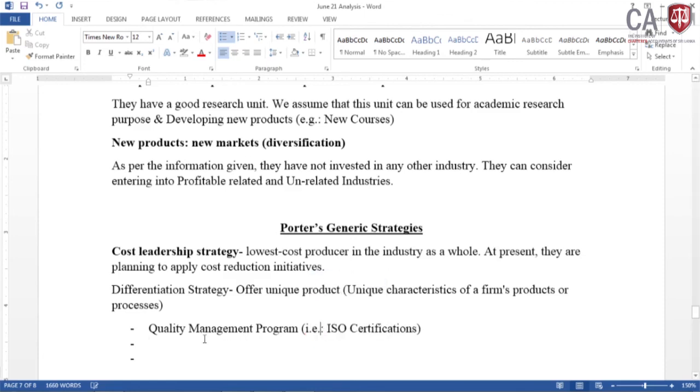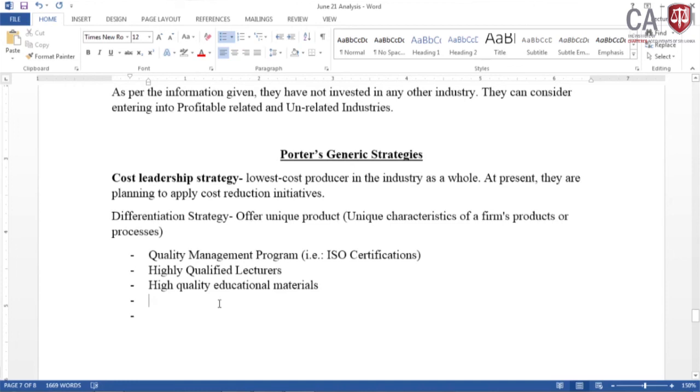Then they can provide highly qualified lecturers, then high quality education material can be provided. Then good infrastructure, facilities for students.